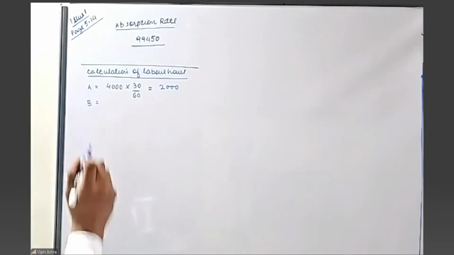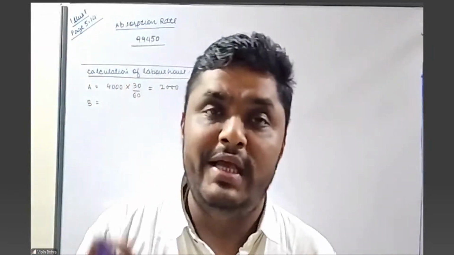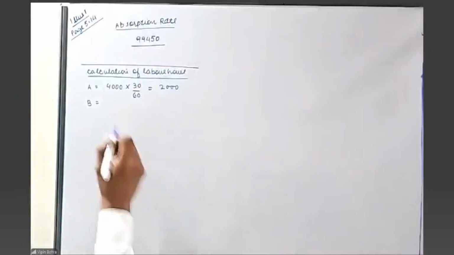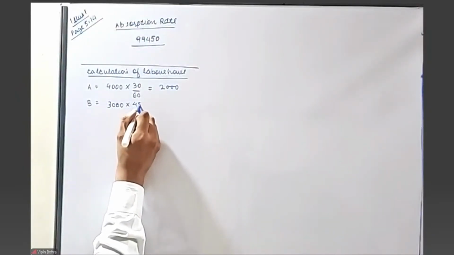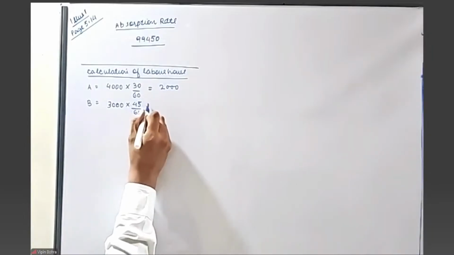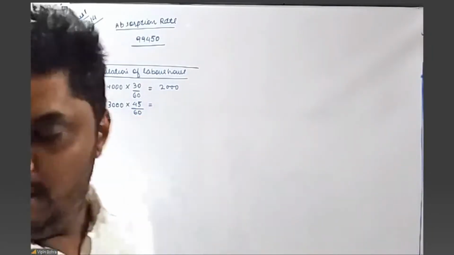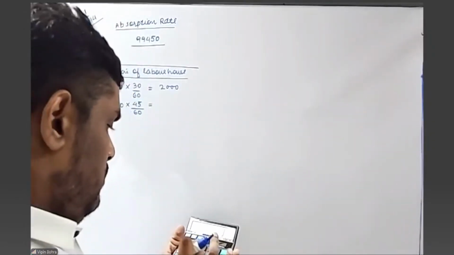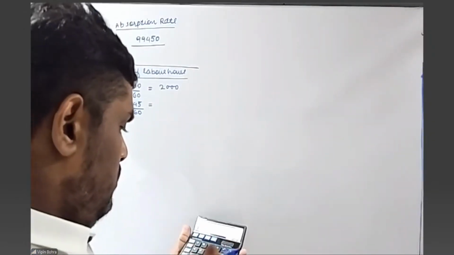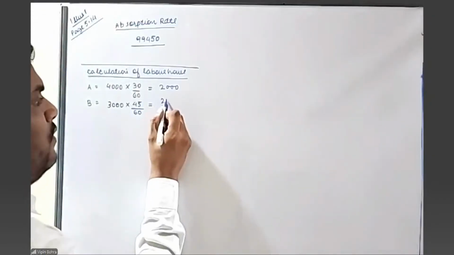Similarly for product B, the number of units are 3,000 and every unit takes 45 minutes, divided by 60. So I think this will be 2,250.